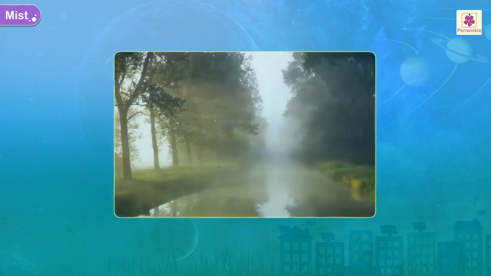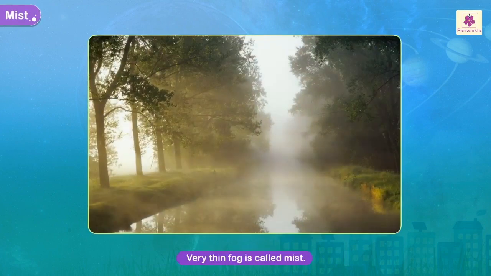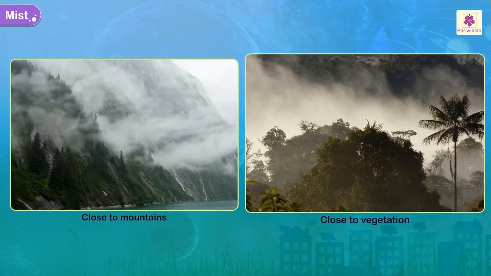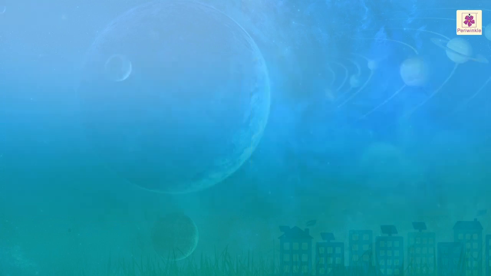Mist. Very thin fog is called mist. It flows and blows with the wind. It is more often observed in the mountainous terrains and close to vegetation. Smog.